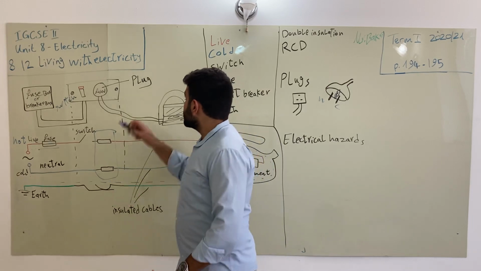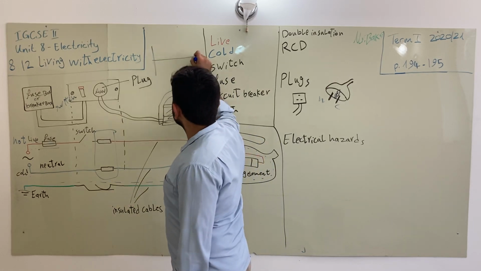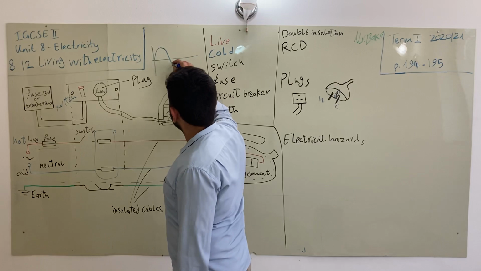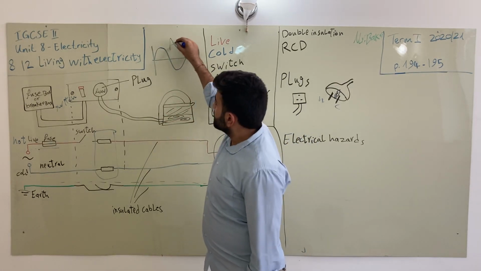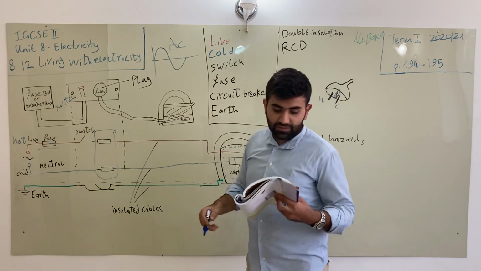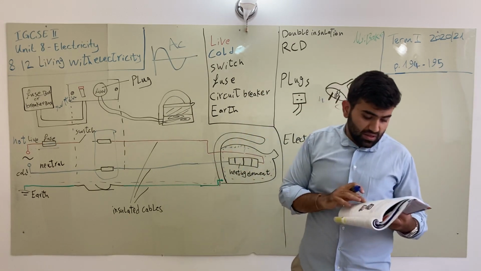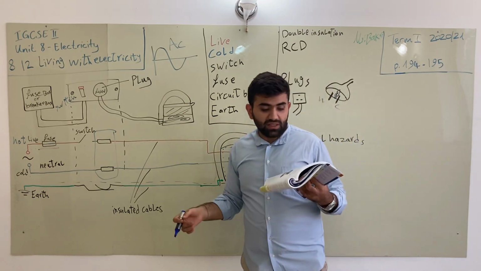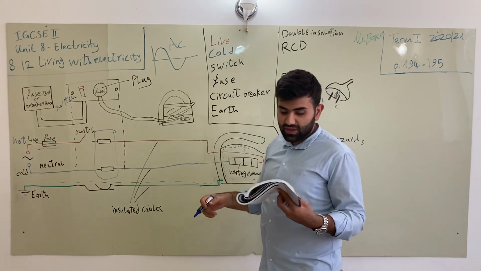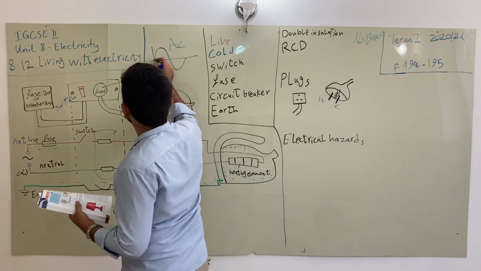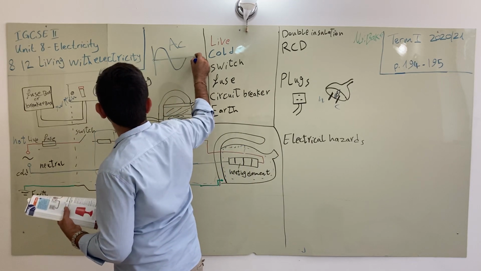That means the AC voltage goes up and down. That's what makes it alternating current. The neutral or cold wire completes the circuit. In many systems, it is kept at zero voltage by the electricity supply company. So we see here, it will keep the zero.